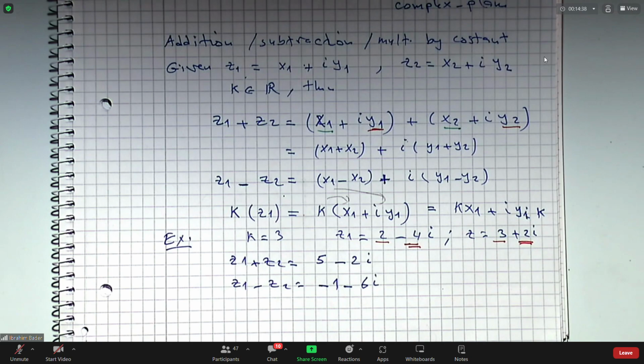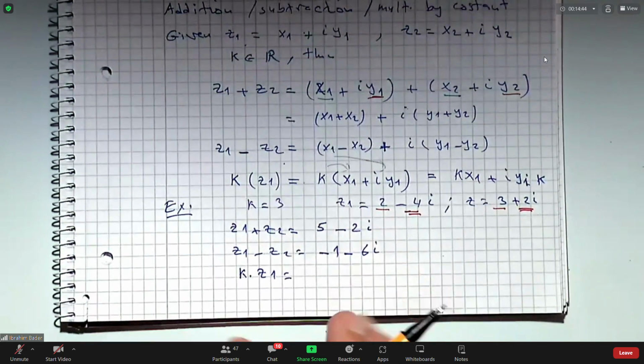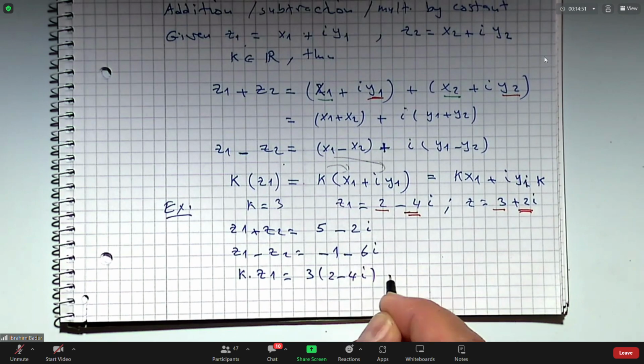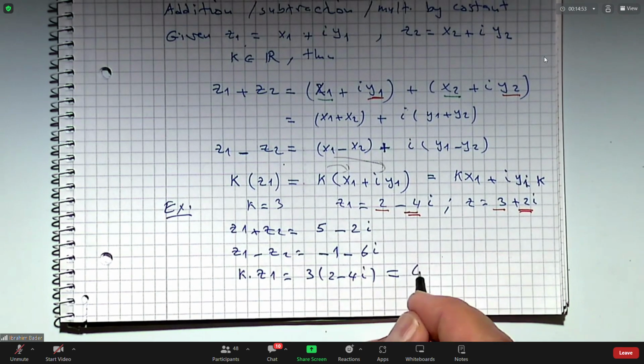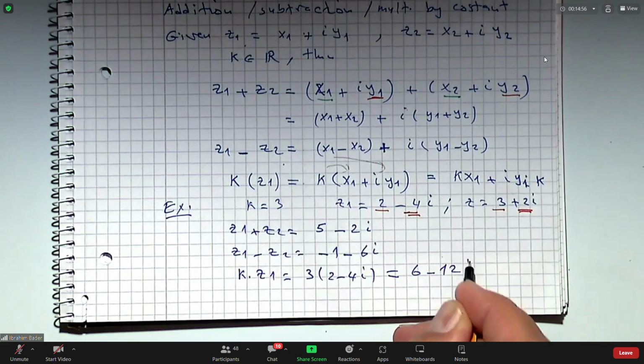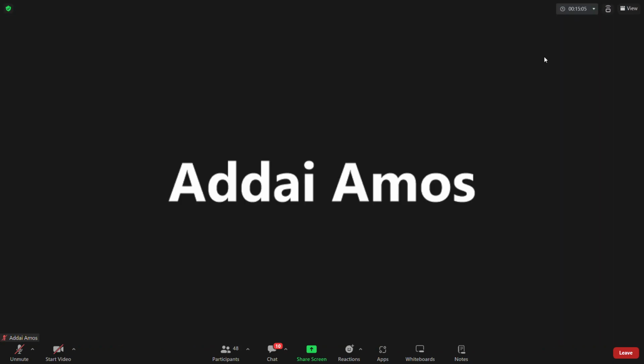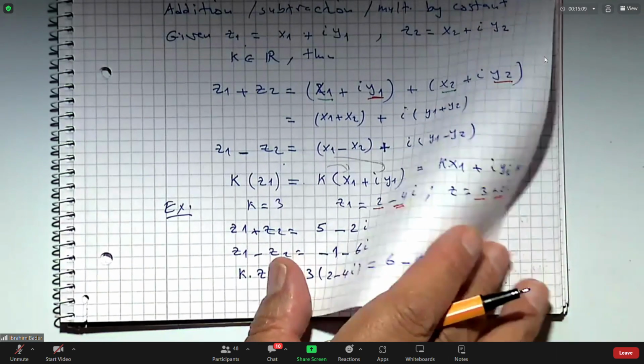And if I multiply, let's say, K times Z1, I will be multiplying 3 with 2 minus 4i, and this means 3 expands here, so I have 6 minus 12i. I hope with this example, it is clear. Is it? Yeah. Okay. Great.